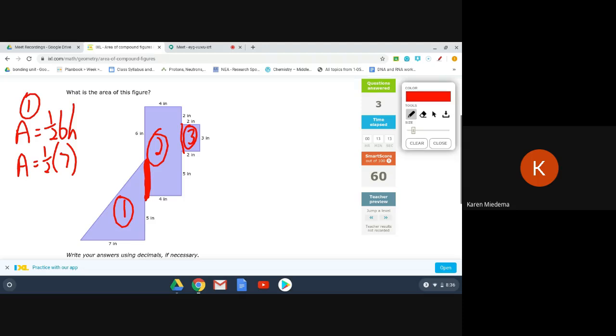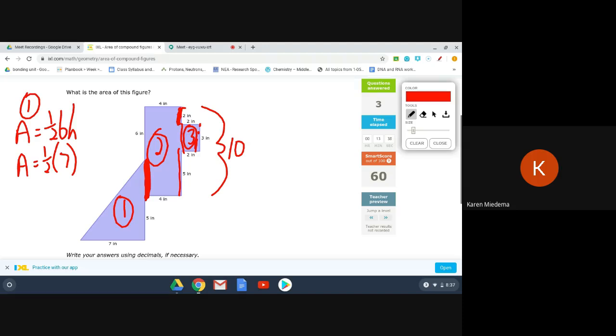Now, when I do this problem, I see that I have 2, 3, which gives me 5, plus another 5, which means that this entire height of that rectangle has to be 10, because 2 plus 3 plus 5 is 10.